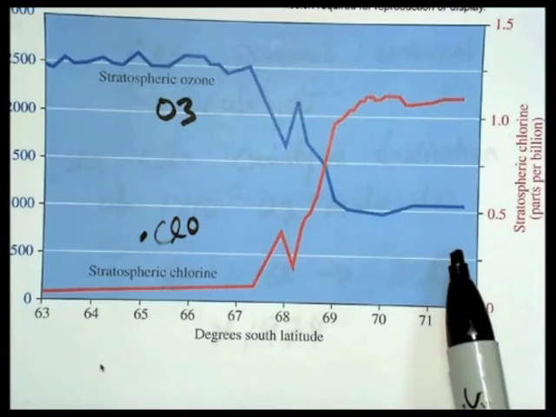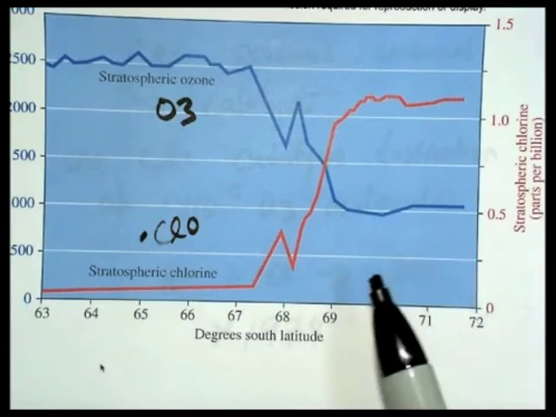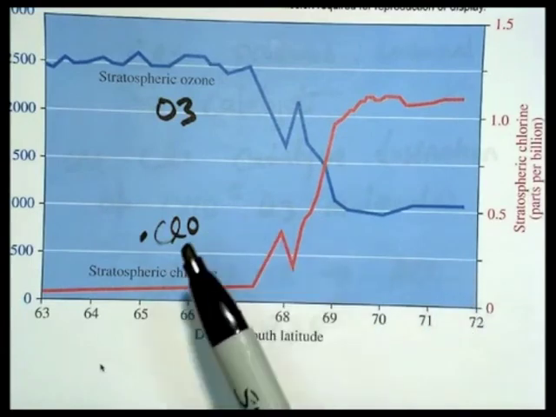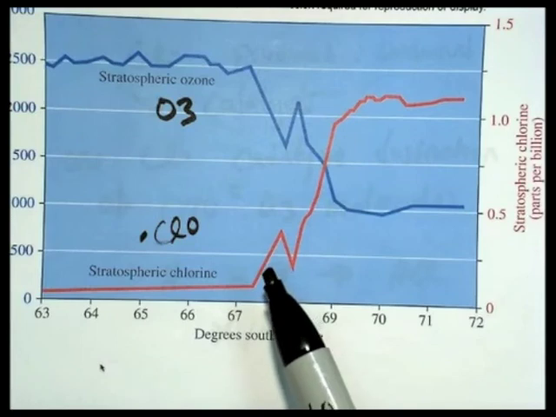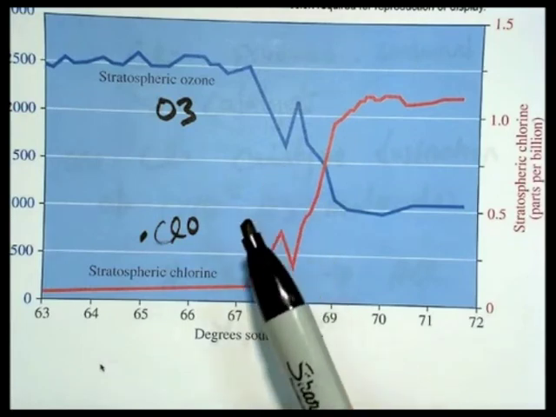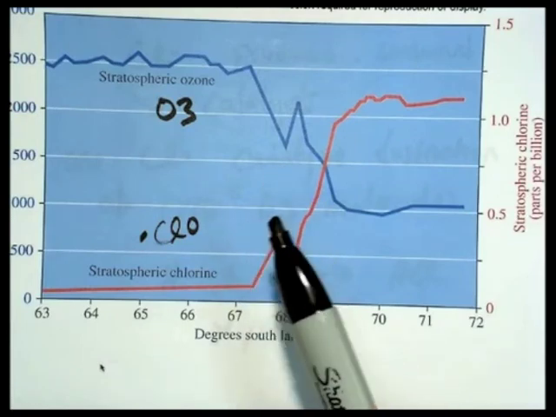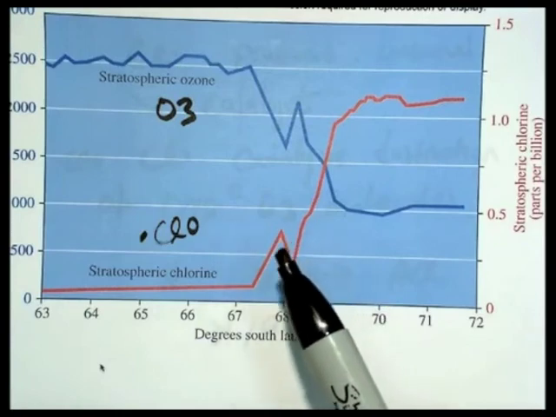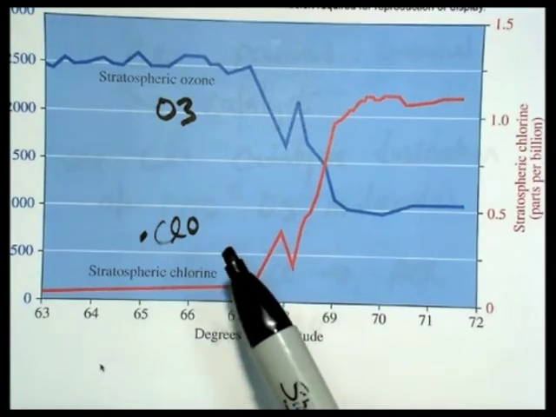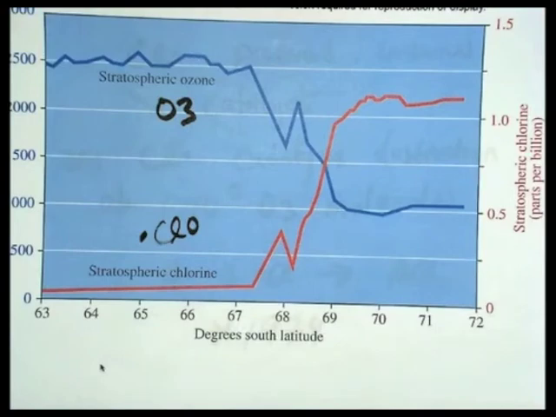So they had evidence that supported the theory, that the chlorine could act as a catalyst to convert the ozone to oxygen in the stratosphere. It's the smoking gun data to show a direct correlation between the concentration of the chlorine and the concentration of the ozone in the stratosphere.